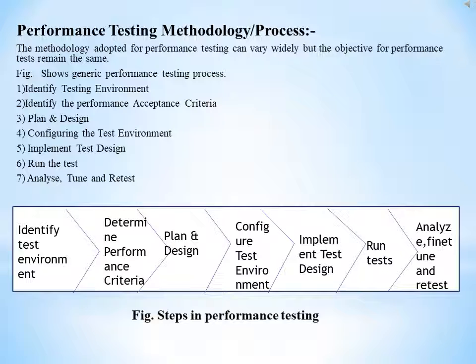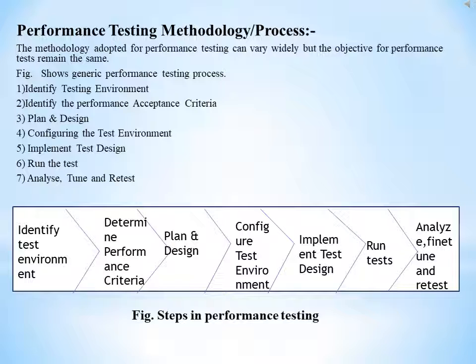Now, the performance testing methodology. There are 7 methodologies. The methodology adopted for performance testing can vary widely, but the objective of performance testing remains the same. The figure shows there are 7 methodologies used in the performance testing process.